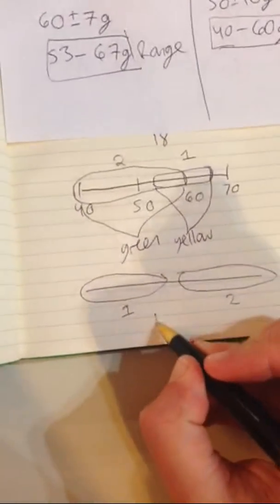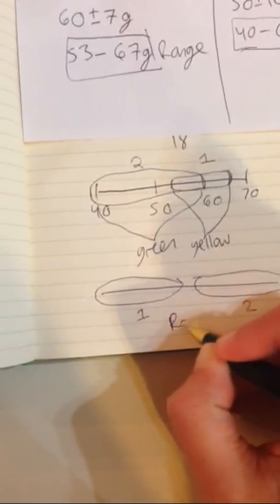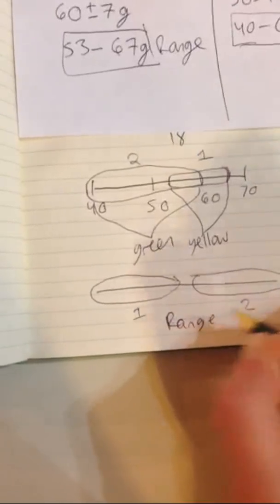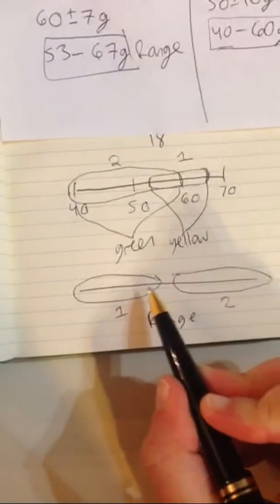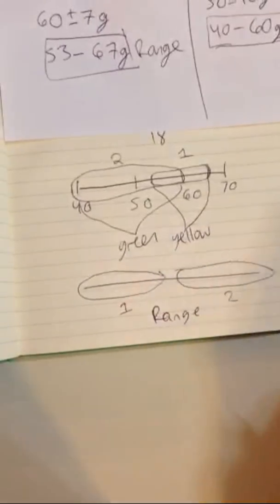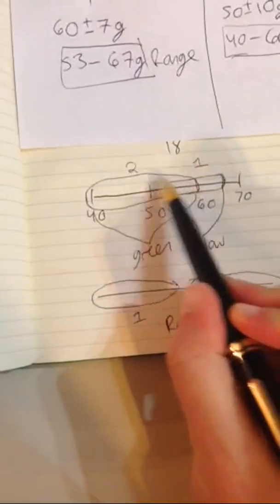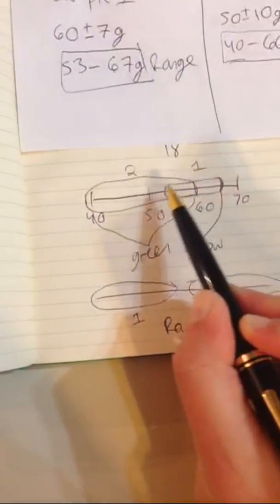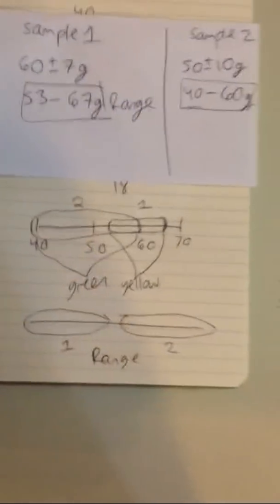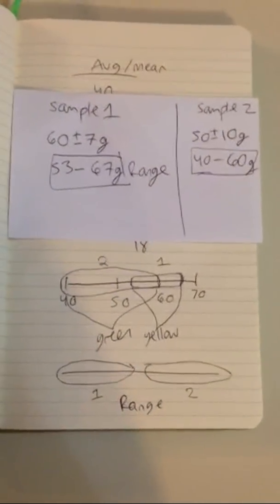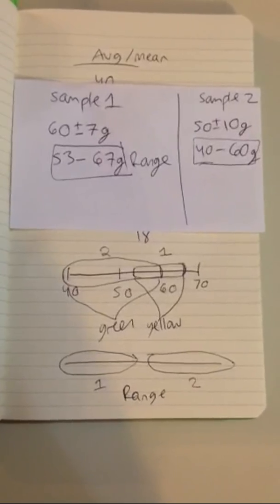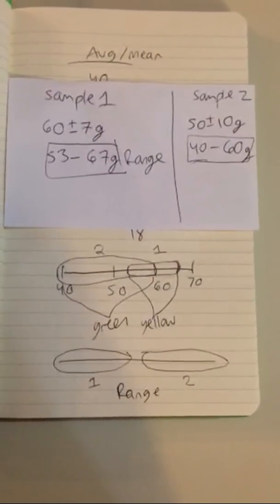If the ranges do not overlap, the sample sets are different. If the ranges do overlap, the sample sets are considered to be the same, or at least not different enough to be statistically different from one another. And that will help you draw your conclusion.